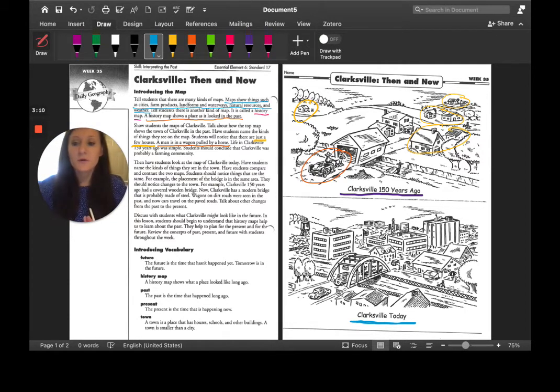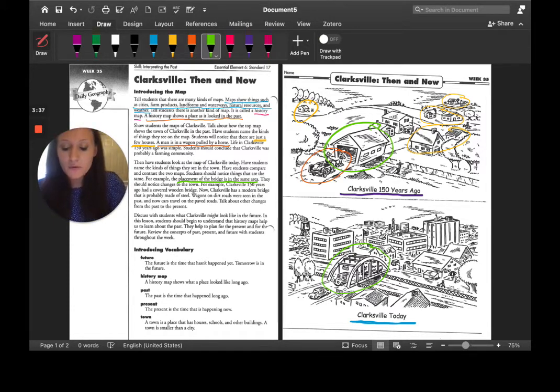We're going to see what things are the same and what things are different between the two maps. For example, we notice that the placement of the bridge is the same in both of these maps. The bridge has not changed where it was.